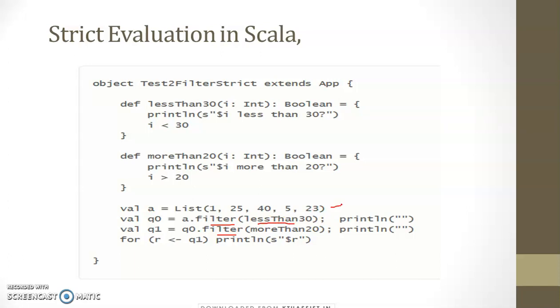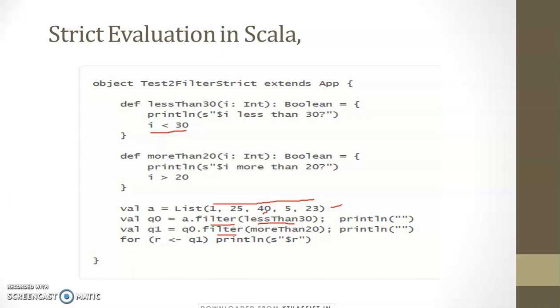Given a list of elements, a.filter of less than 30 takes the whole list and selects the elements that are less than 30. So a collection is created with the elements 1, 25, 5 and 23. Why? Because 40 is not less than 30; it is greater than 30.